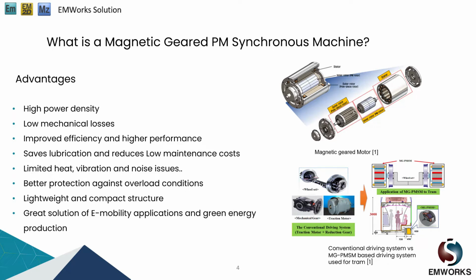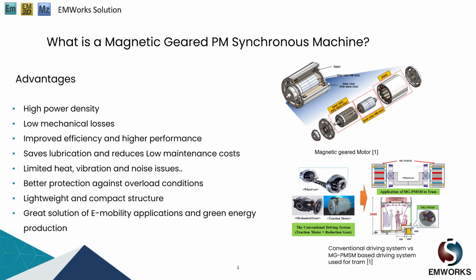Here, with contact-free power transmission, there is an important reduction in the heat, the friction losses and the overall mechanical losses. Also, through this contactless power transmission, we get a better power density. This helps to improve the efficiency and the performance of the system as well.